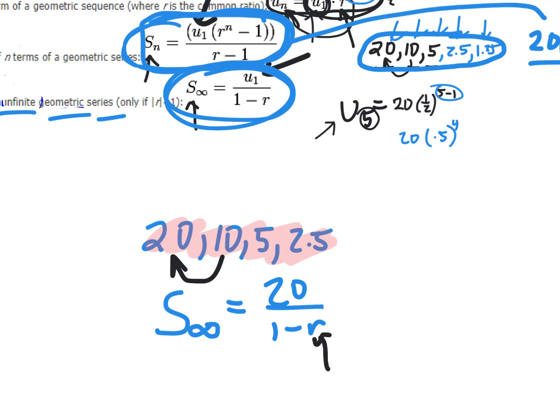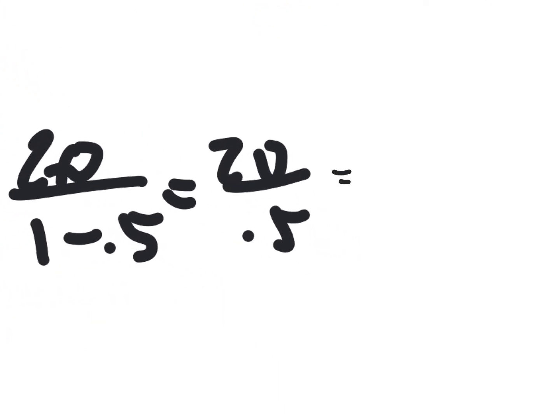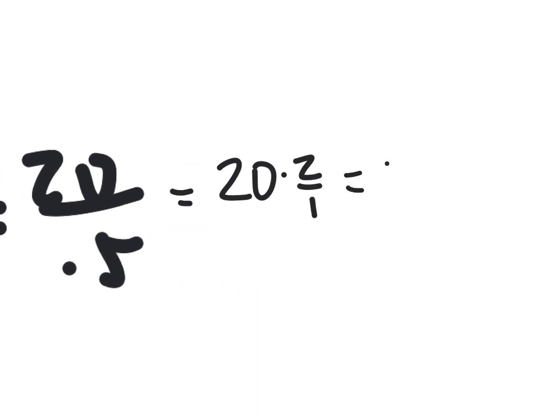In this case, it is 10 divided by 20, which is 0.5. So now I have 20 over 1 minus 0.5, and that is 20 over 0.5. Dividing by a half is like timesing by 2. 20 times 2 over 1, and I get 40. That's what that infinite series would add up to.